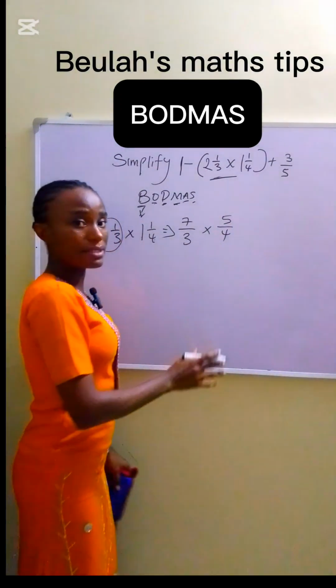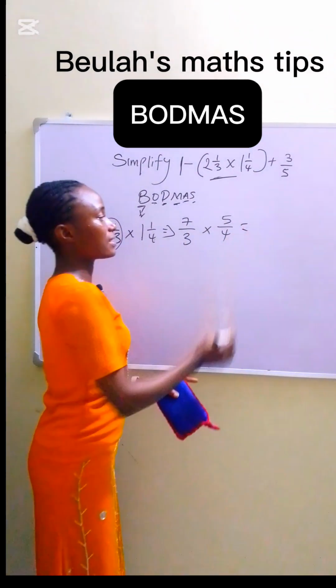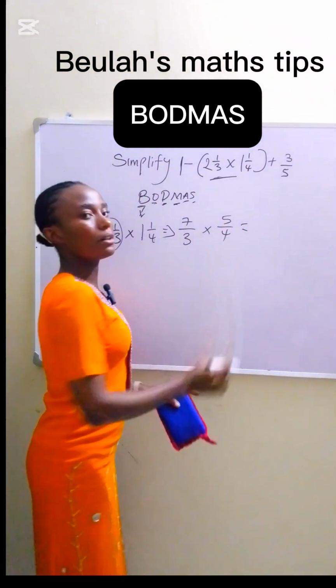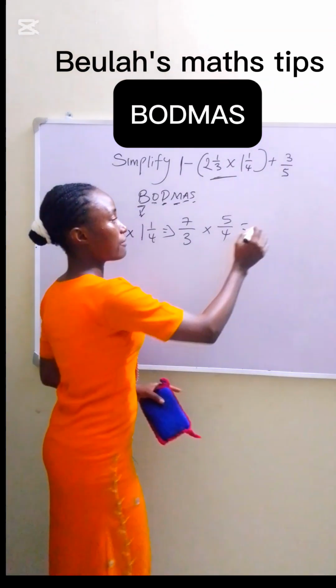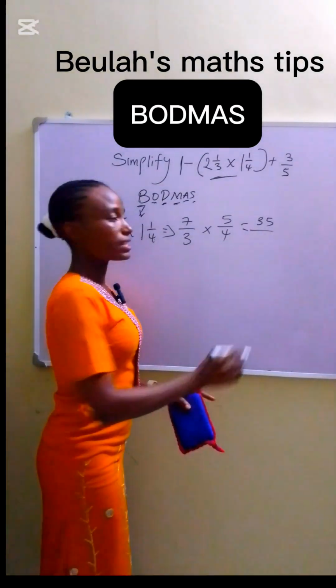Then what is the final answer of this? We have 7 times 5 is 35. 3 times 4 is 12.